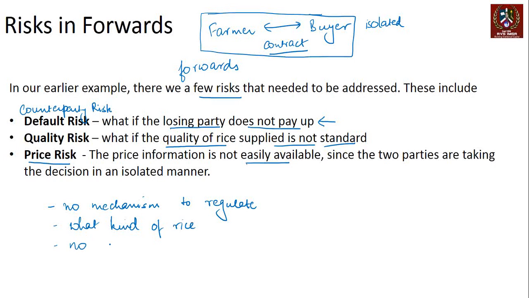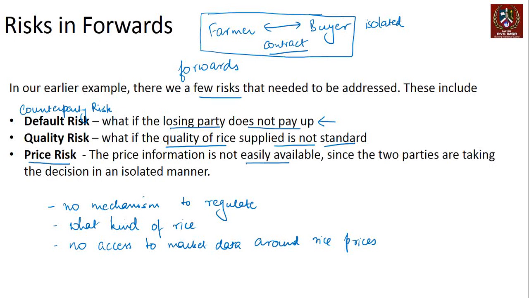So no access to market data around rice prices, right? Because these are two independent guys dealing with each other. One of them believes price might be 90, the other one also believes price might be 90. Who knows if the price is actually 80 in the real market? Who knows if demand supply has changed the dynamics, right? So there is a risk that comes in because of them trading in an isolated manner, right?